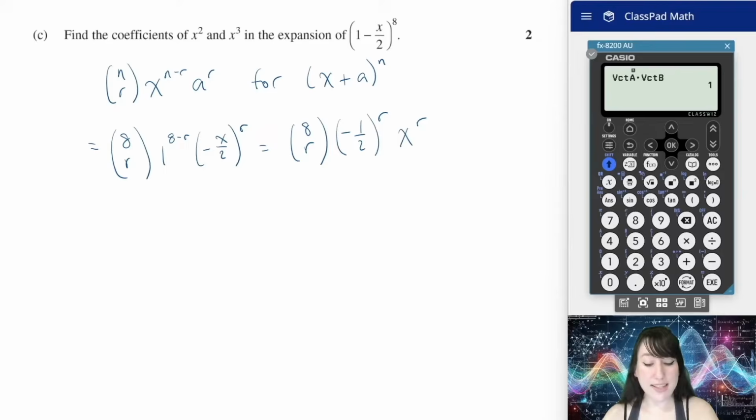I like to isolate x so I can focus in on its exponent. So we're looking for when x is to the power of 2 and the power of 3. So that just means we need to set r to 2 and r to 3, and then see what the coefficients would come out to.